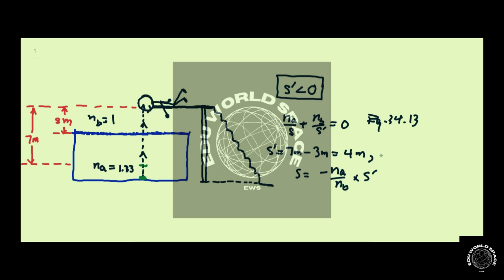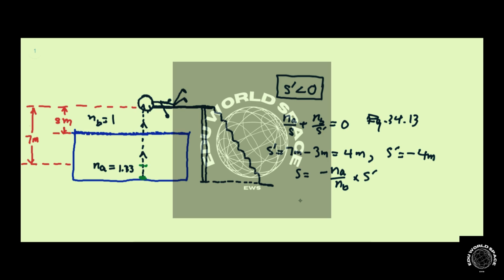So I need to put a minus sign in front to account for the sign convention, which I just explained: the apparent distance is on the same side as the incoming light, as opposed to the outgoing light. The sign convention was explained in section 34.1 of your textbook. So S prime really is minus 4 meters.